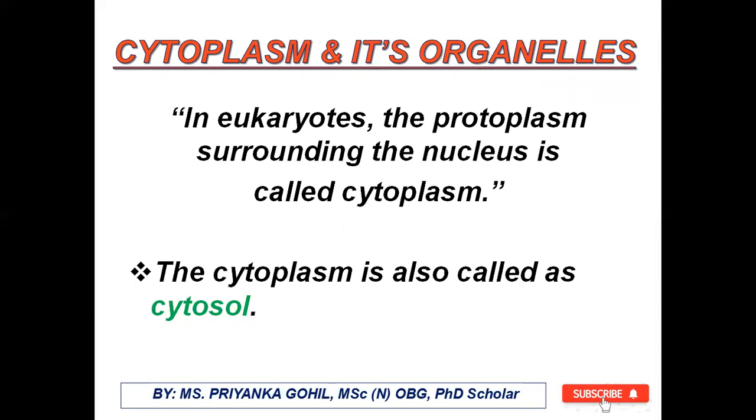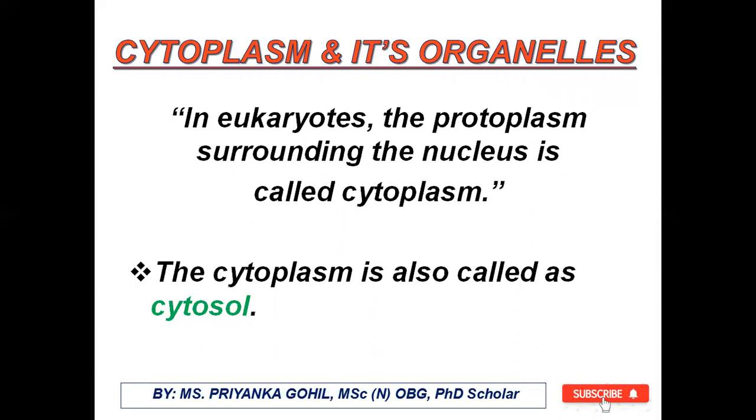Now, it is a clear gelatinous fluid that fills the cell and surrounds the organelles. It contains 90% of water, dissolved substances, minerals, sugar, ions, various vitamins, amino acids, proteins, and the enzymes.